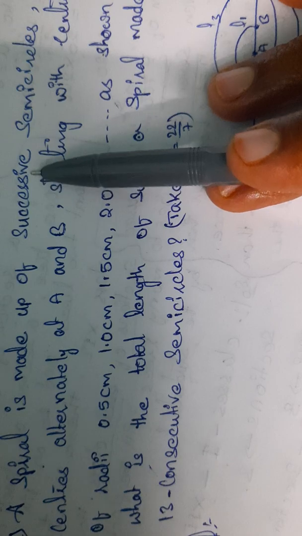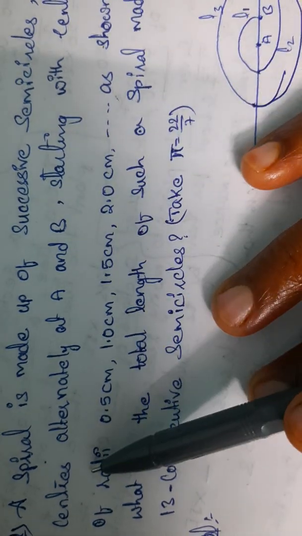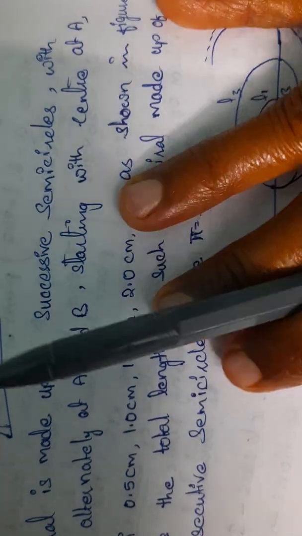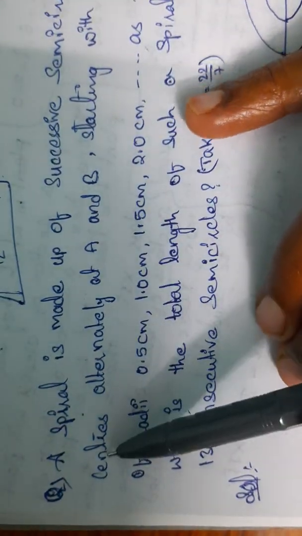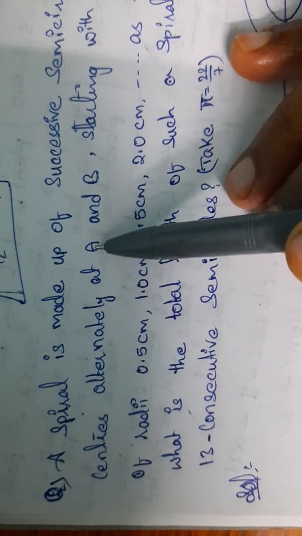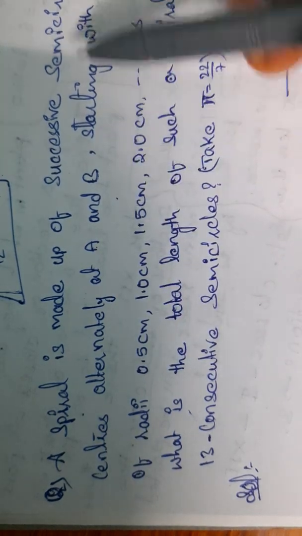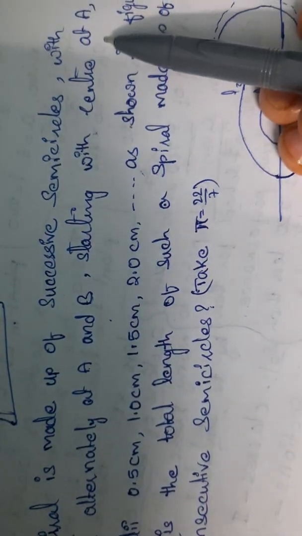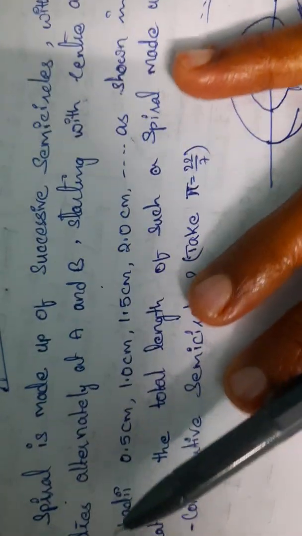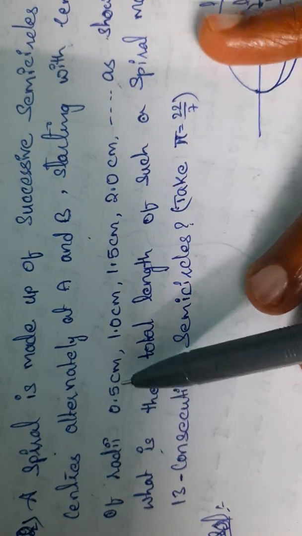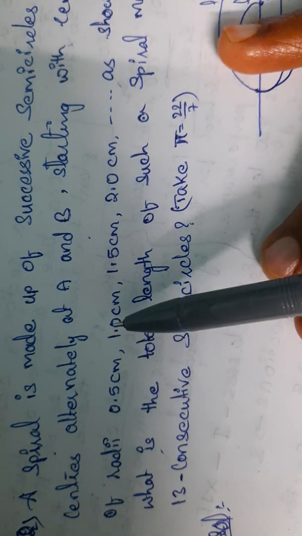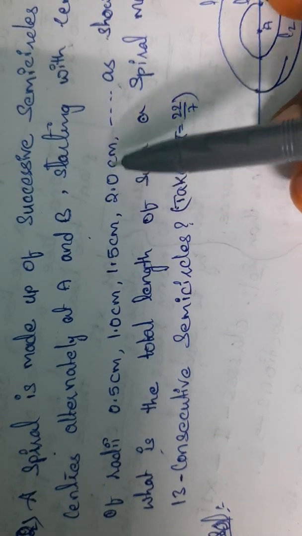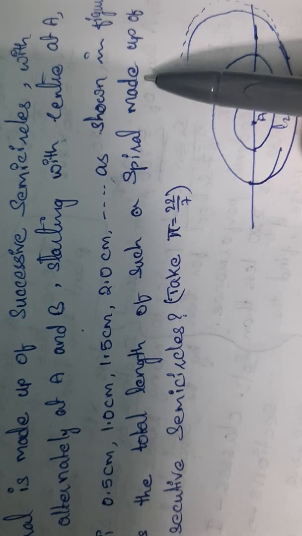Successiveness is nothing but continuous semicircles, with centers alternate at A and B, starting with center at A of radii 0.5 centimeters, 1 centimeter, 1.5 centimeters, 2 centimeters, and so on, as shown in the figure.